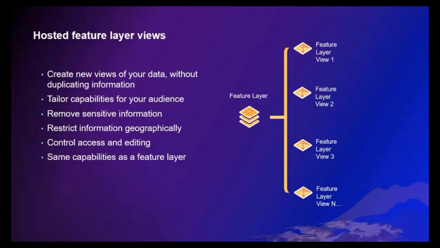And you can also restrict the information geographically, so you can manage a larger data set, and when you need to, you can create these little windows into that data set for focused use cases. Maybe there's an event, maybe there's a project within your municipality or county. You can define an area geographically and just share it out through that. And then the end users only have access to that information.